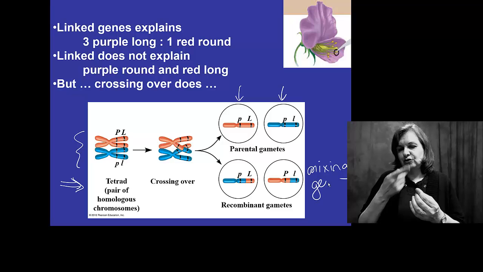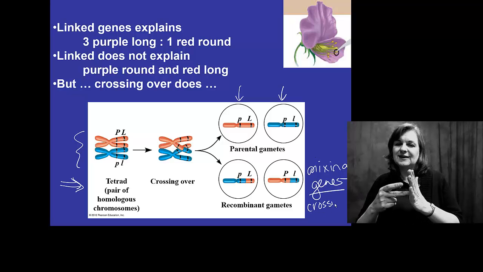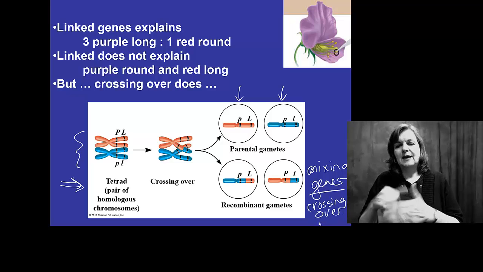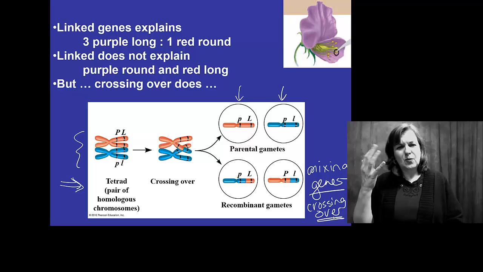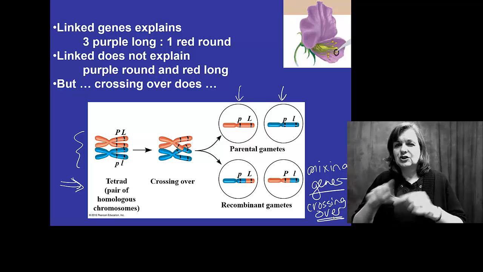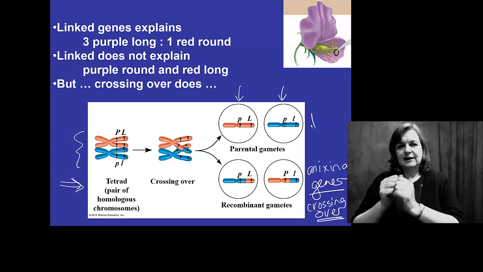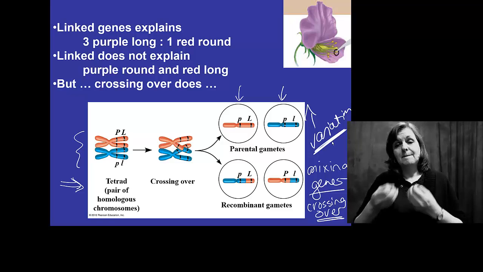Well, the mixing of colors represents the mixing of genes, or the phenomenon known as crossing over. Why is this important? Well, it means that these linked genes are not actually inherited together all of the time. It means that we get increased variation in our offspring. This is a very good thing.